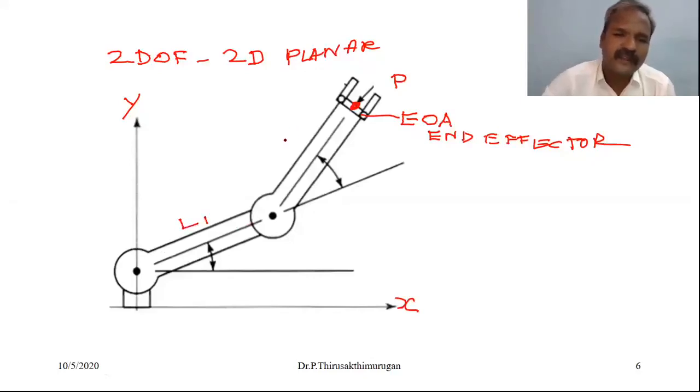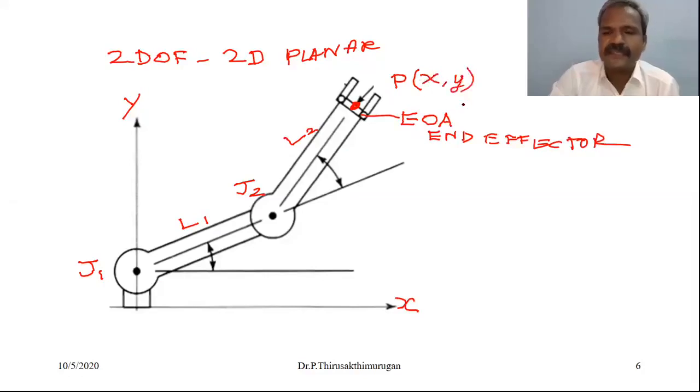Say this is another arm, link L2. Okay. So this is joint 1. This is joint 2. This is the end point P, that is the end effector point P. It is represented by the world space coordinates X and Y.